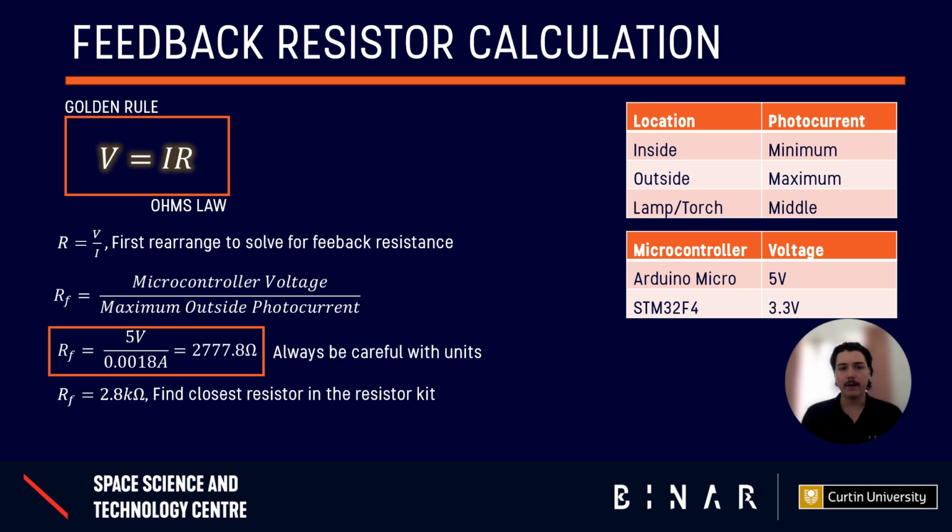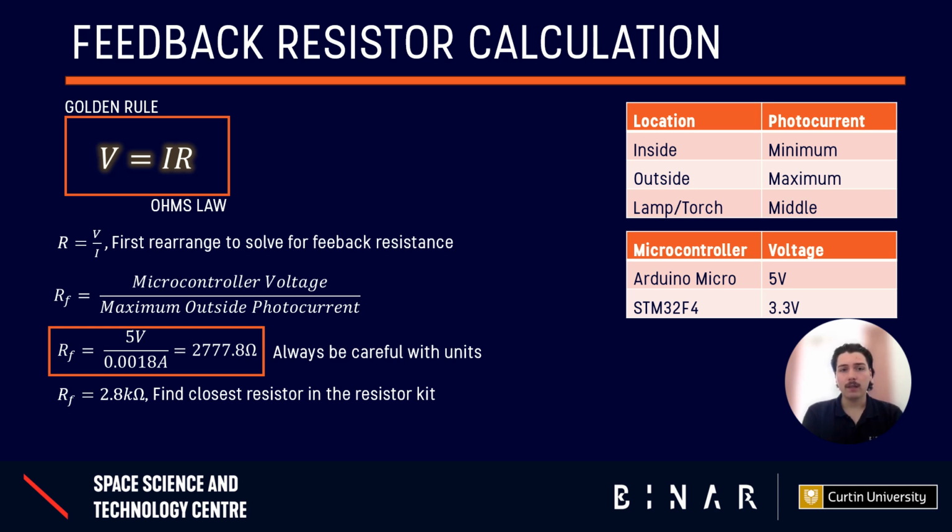To find the right feedback resistor using Ohm's law, we rearrange the equation V equals IR to solve for resistance, giving us R equals V on I, where V is the maximum analog voltage from the microcontroller, and I is the maximum photocurrent measured when the sensor is in the sunlight.